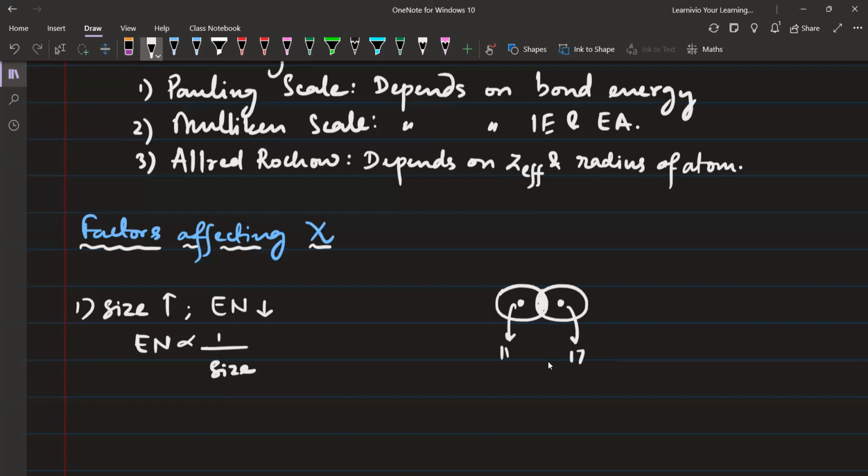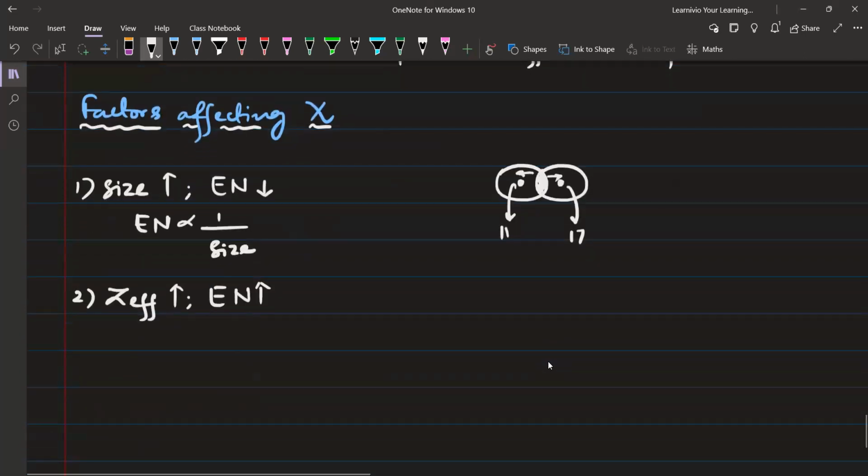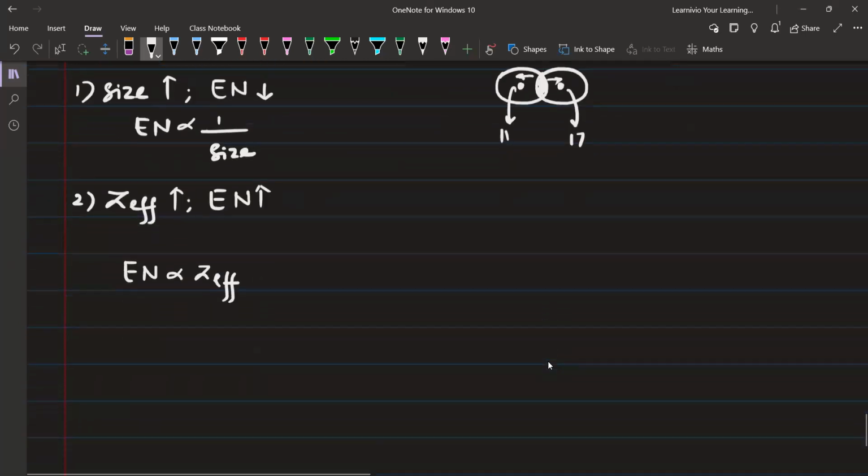Now, which one is going to attract the shared pair of electrons more effectively? 17 protons will attract it more effectively, or 11 protons? 17 protons, right? So if the Z effective is high, the electronegativity is also going to be high. And that is why electronegativity is directly proportional to the Z effective. You can see the trends also now.